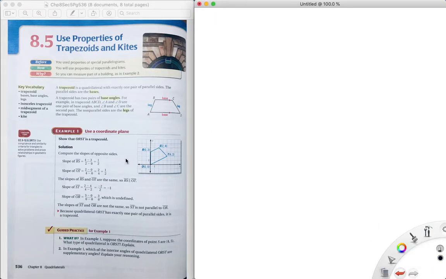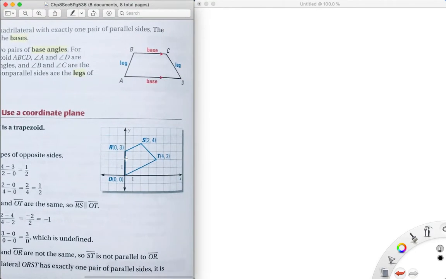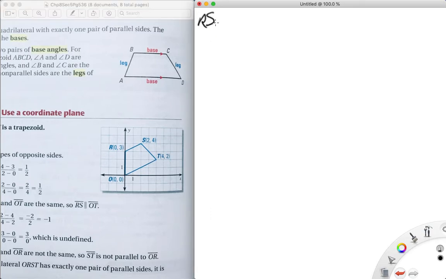Alright, so in this example, we have a coordinate plane, and they did the slopes of all 4 sides, and they found that RS is parallel to TO. So this is a trapezoid.